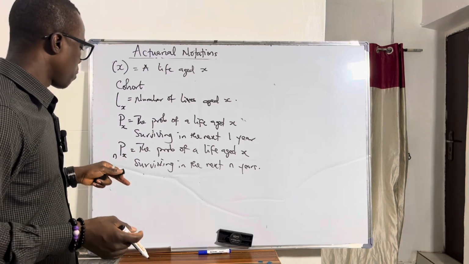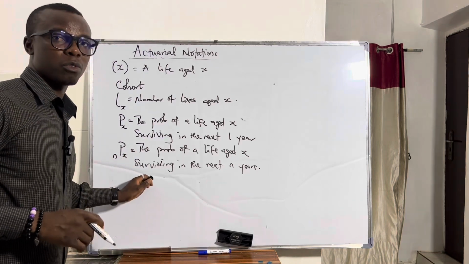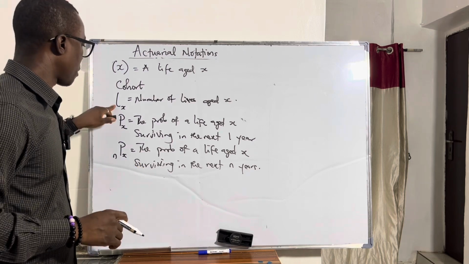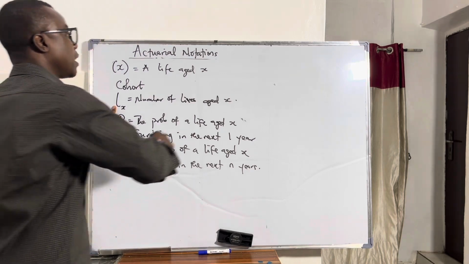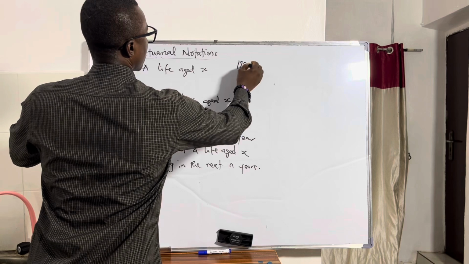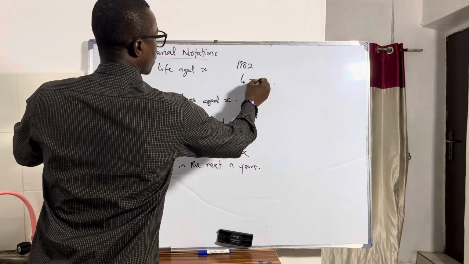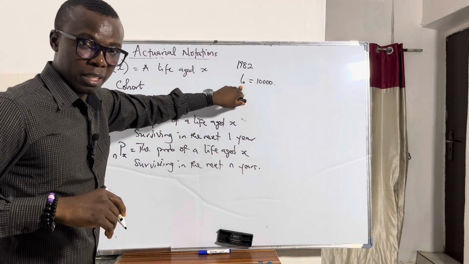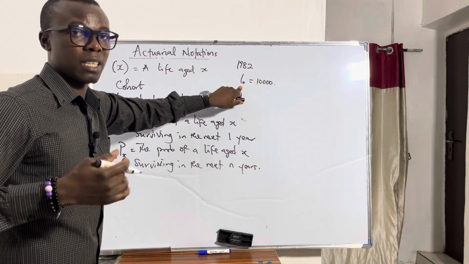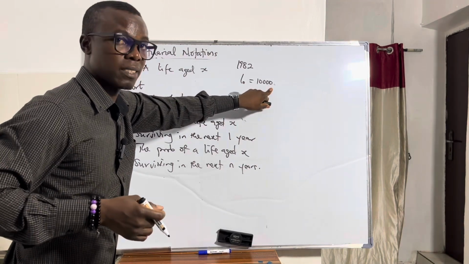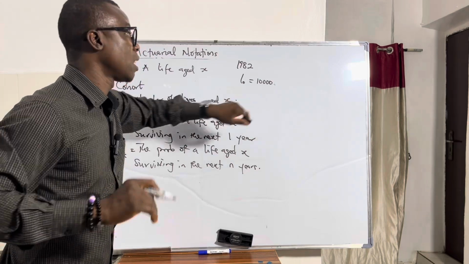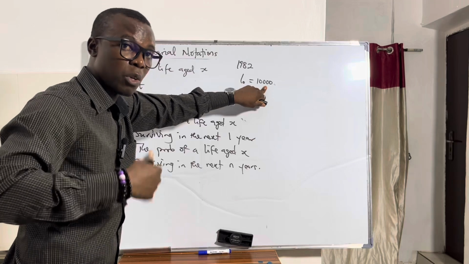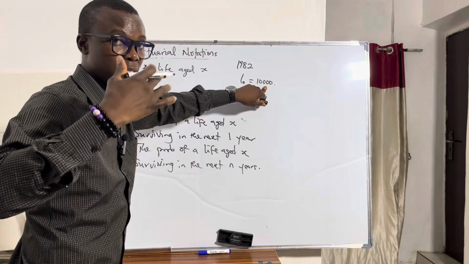Let's say we have the number of those who are alive at age, let's say 10. We're picking this up now. Remember, in 1982, we had L0, which is 10,000 births. They were all 0 years old at that time, less than 1, and we have 10,000 of them. We've established that in the next 8 years, this 10,000 would have reduced because some might have died.